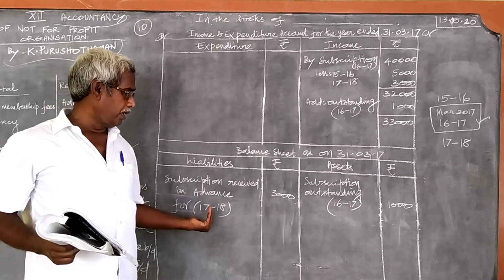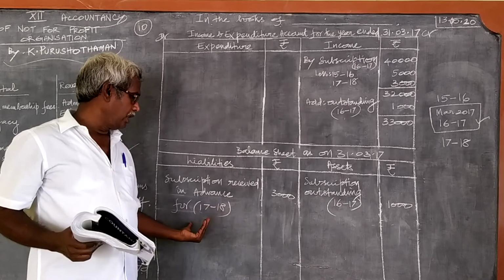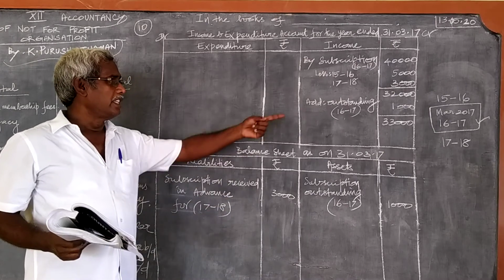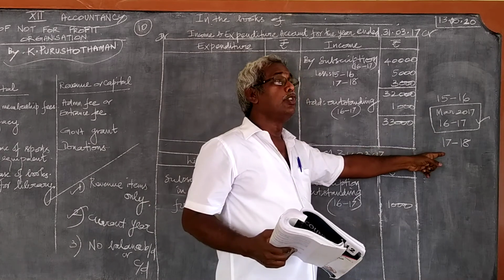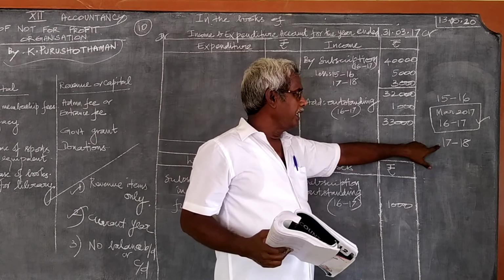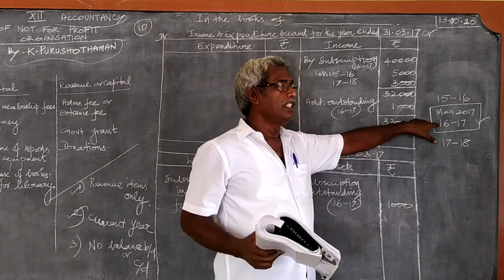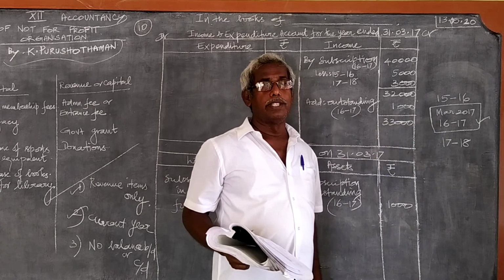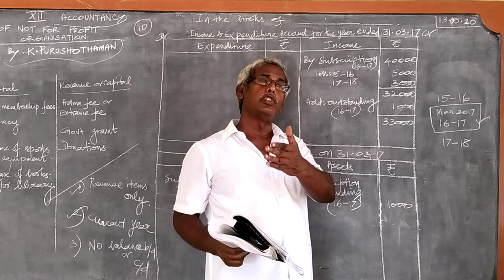Since the accounting year is 16-17, 17-18 is the future period. If any amount for 17-18 is received in 16-17, it is received in advance. Say 16-17 is today, 17-18 is tomorrow.